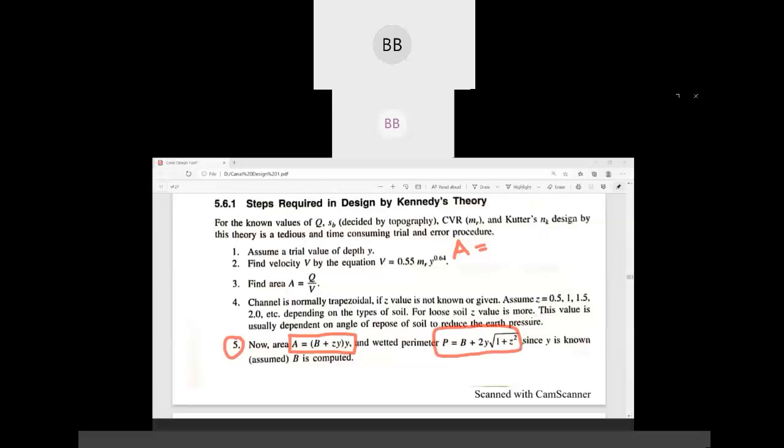So in that area equation, if you consider a trapezoidal channel, this is the width of the channel, b. This is definitely y. This is z, 1 is to z, so this will be zy, and this will be zy. So the sum of the parallel sides: this will be b plus 2zy, and this is b.